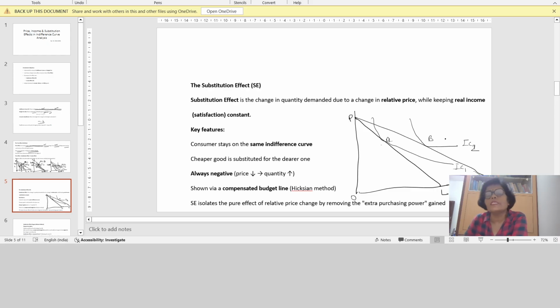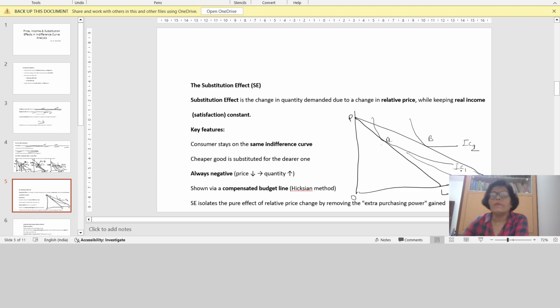For this, as soon as the price of X commodity decreases, we take whatever extra money the consumer has, and we want to keep the consumer on the same indifference curve.